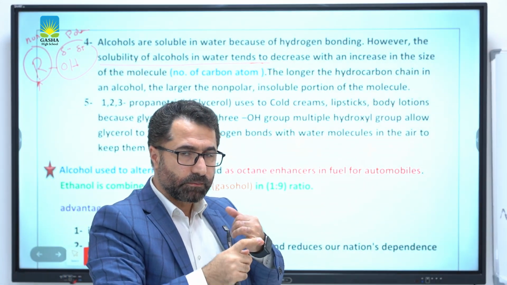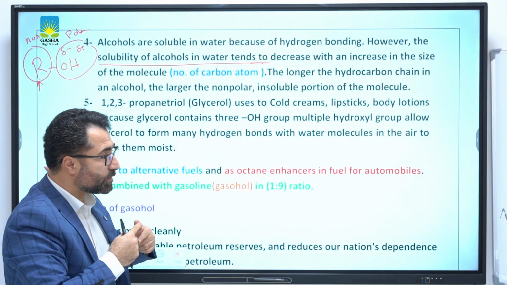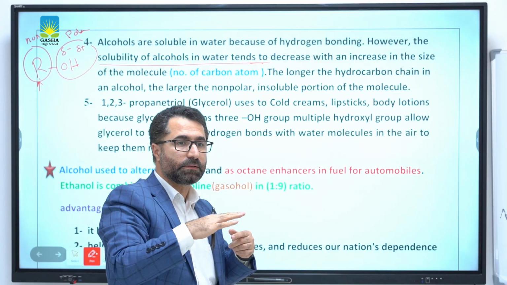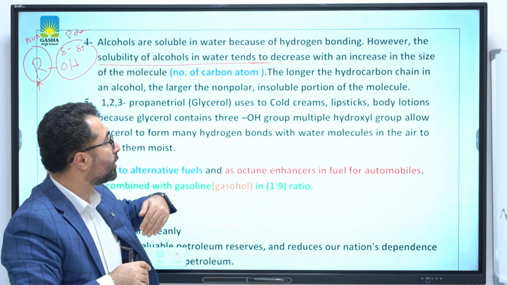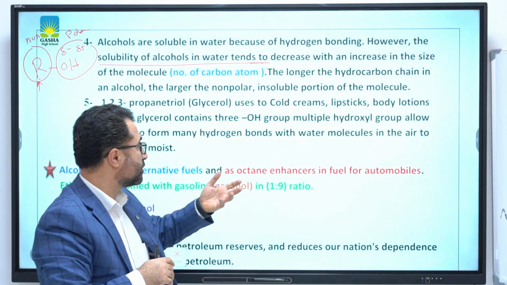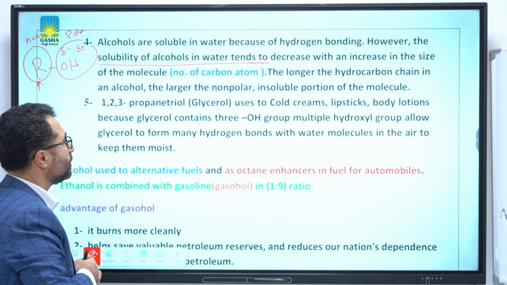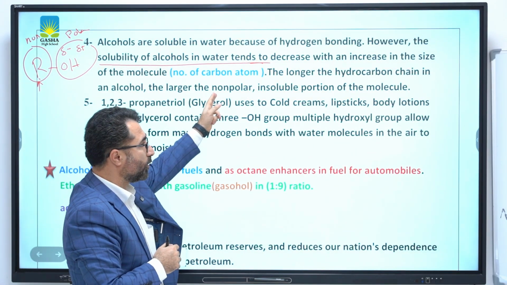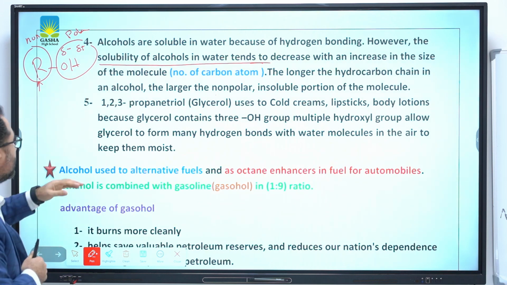A lower R, lower carbon, and lower mass can dissolve in water. It's not insoluble completely, but decreases. But when the carbon atom is much larger, like octanol, like nonanol, it will be insoluble in water because the non-polar region will be dominant.